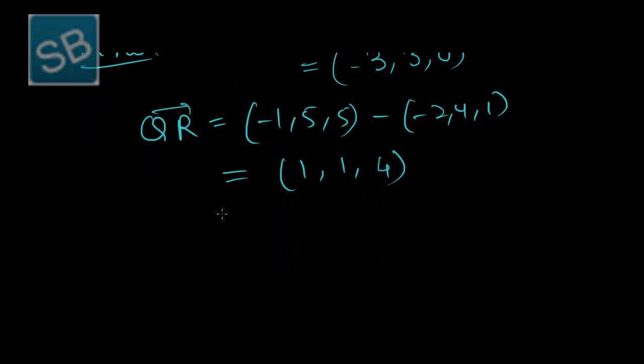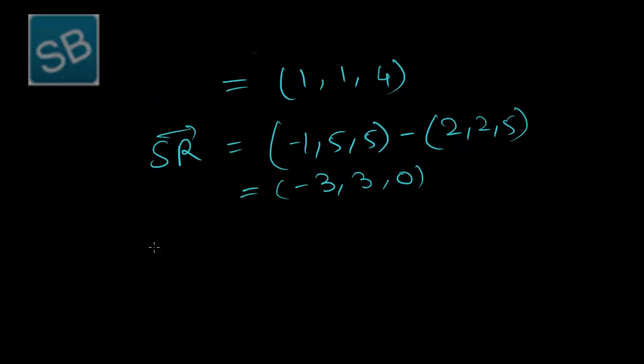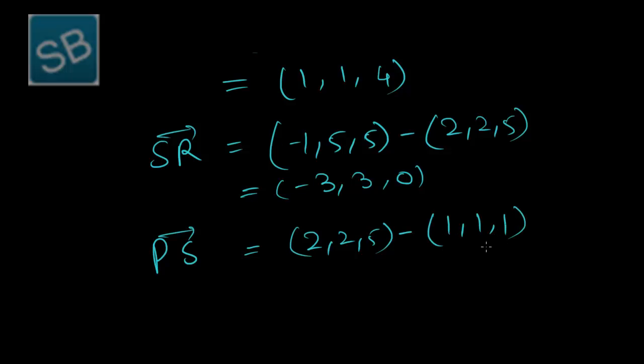Now the next one, SR, that is the position vector of R, minus 1, 5, 5, minus the position vector of S, 2, 2, 5. That gives minus 3, 3 and 0. Now the last side we can form is PS. PS is 2, 2, 5 minus 1, 1, 1.